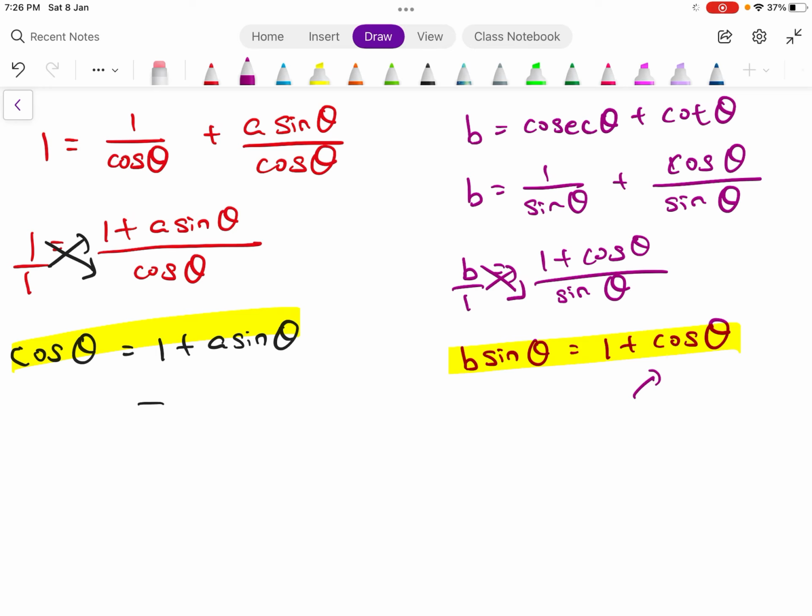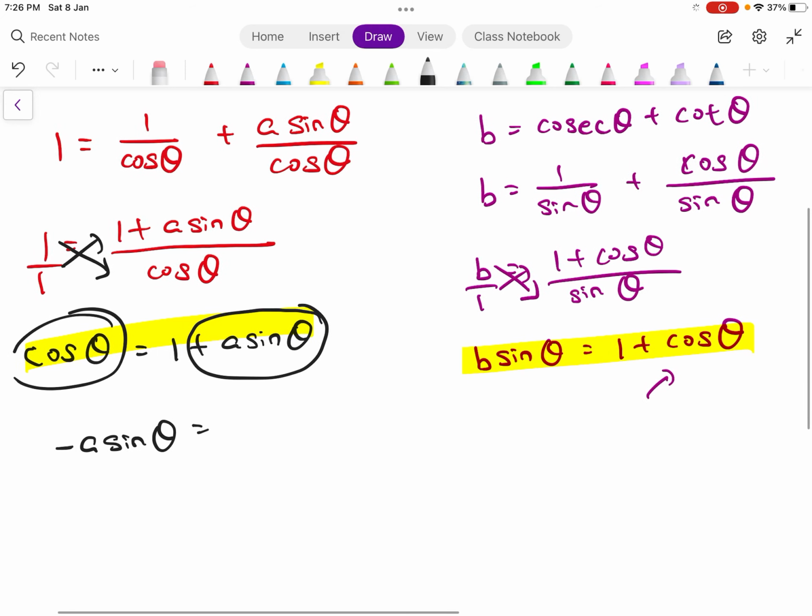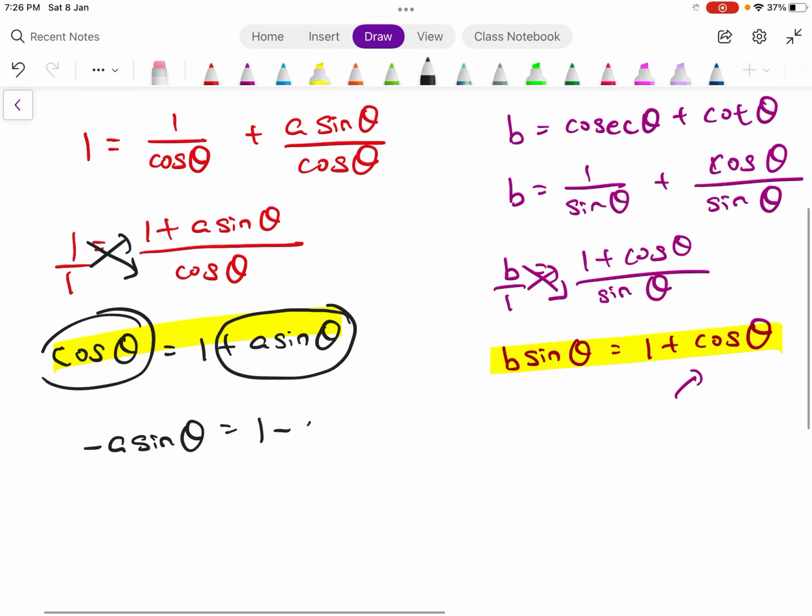Why not make my first equation in terms of minus A sine theta? So I move my A sine theta to the left hand side, so minus A sine theta, and I move my cosine theta to the right hand side. So it's 1 minus cosine theta.